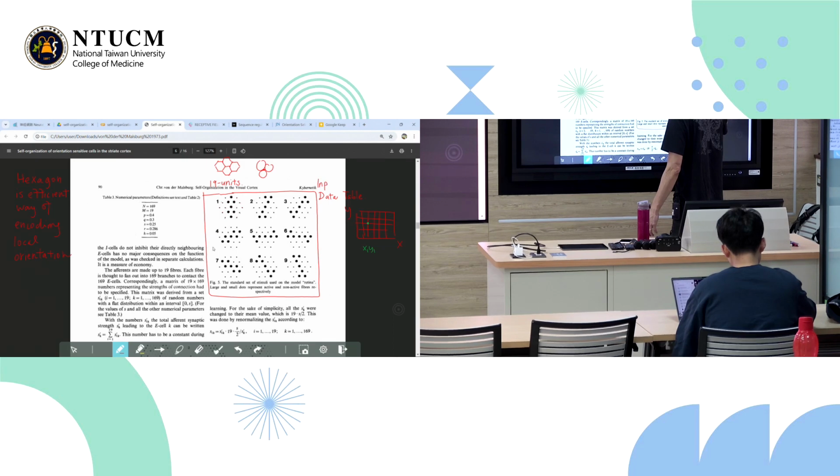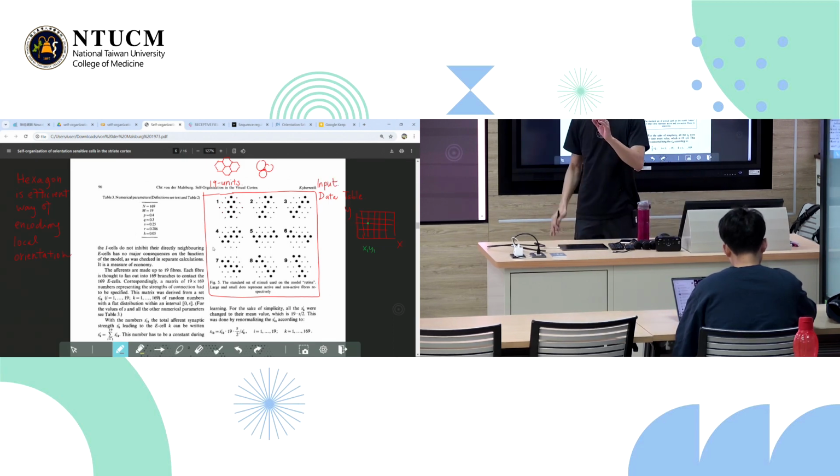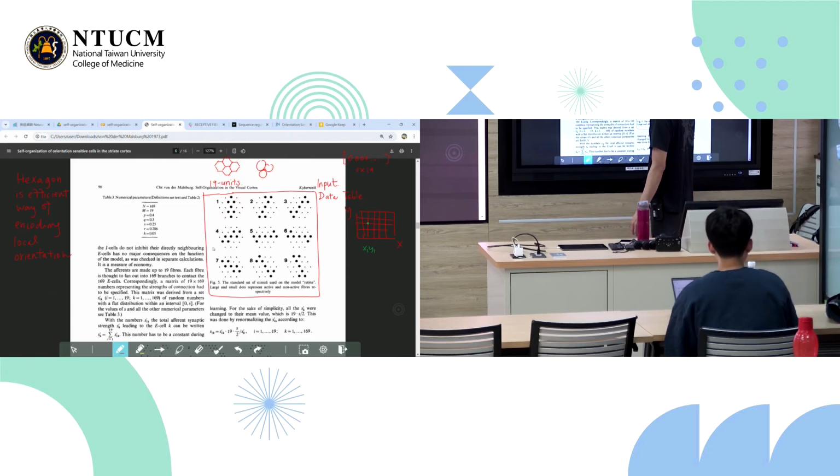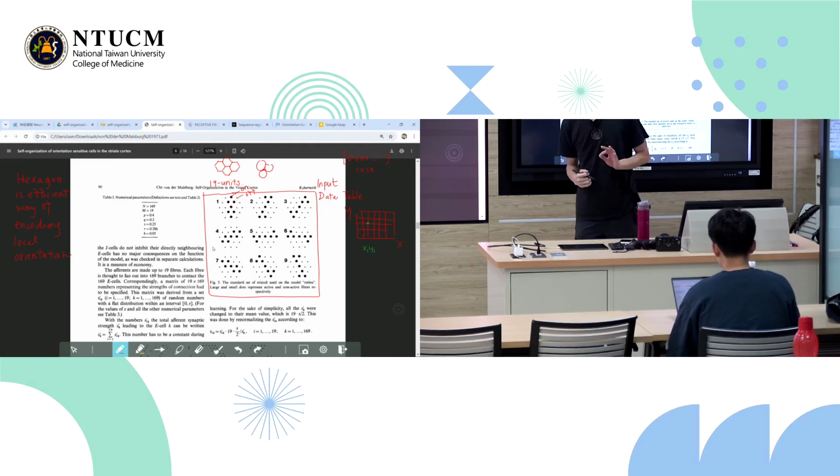So the input consists of inputs, which is actually a 19-unit vector. This is a 1 by 19 unit vector. And each unit is either on or off. Bigger circle means on, smaller circle means off.